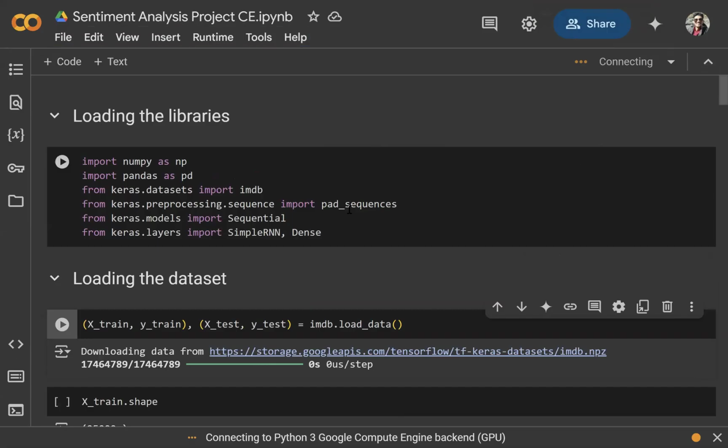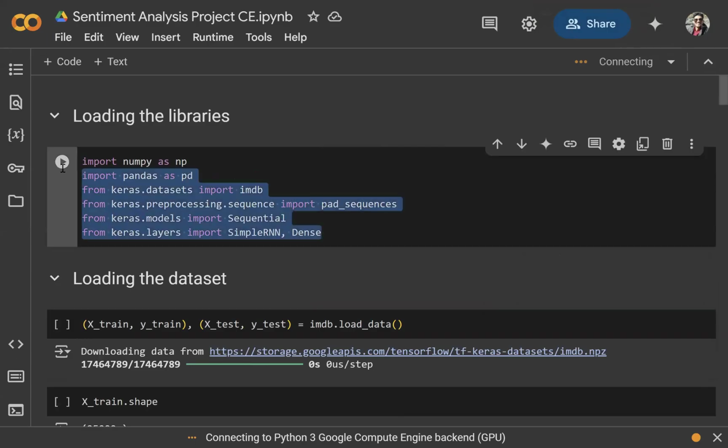See, in the very first line, you have imported some of the important libraries that we'll be using: NumPy, Pandas, and the IMDb class from where you will be loading your data set.